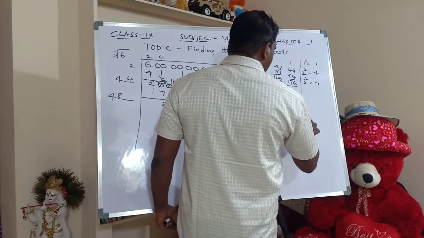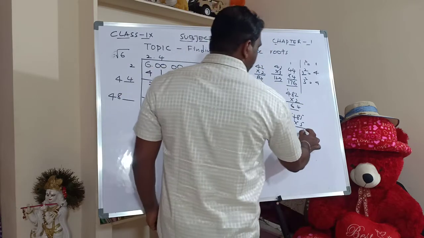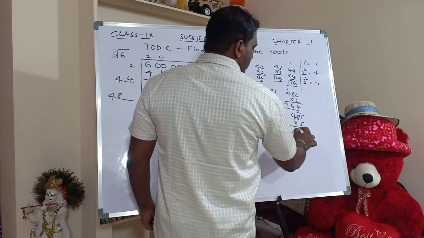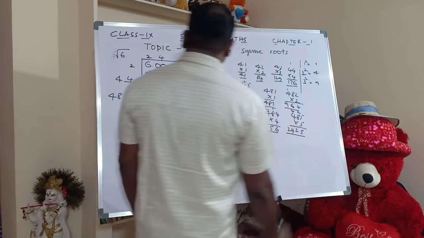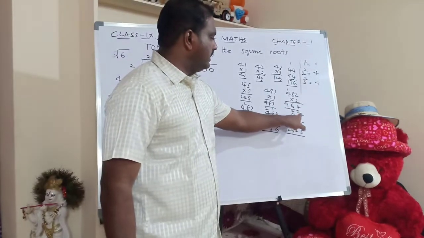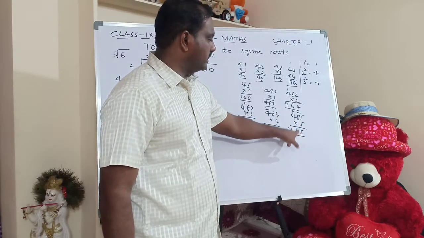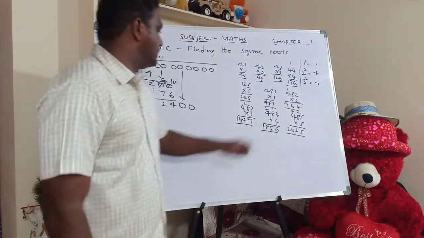Then next, 485 into 5. 5 5s are 25, 5 8s are 40, 42, 5 4s are 20, 24, 25. So which is best? Here is the best.